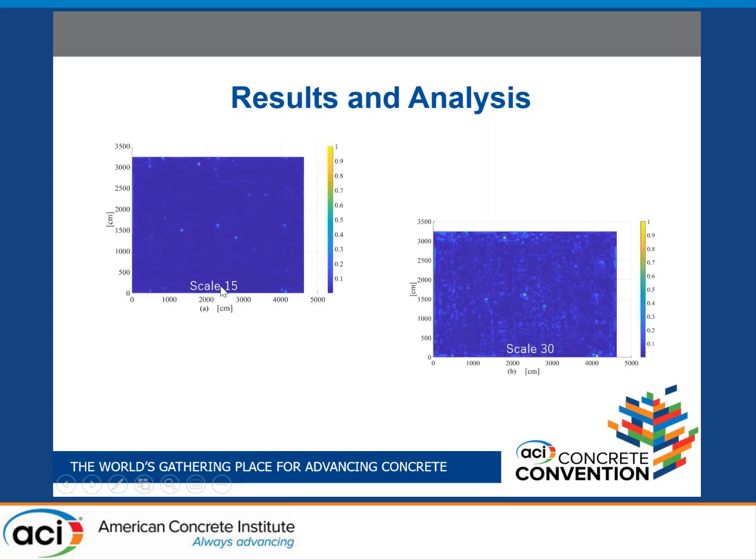Here, without getting into mathematical details, scale 15 basically corresponds to 2 feet, so these are undulations present on the surface in periods of 2 feet, and then 30 feet. Here you see there's a likely peak here and here as well for scale 30, which corresponds to 4 feet.